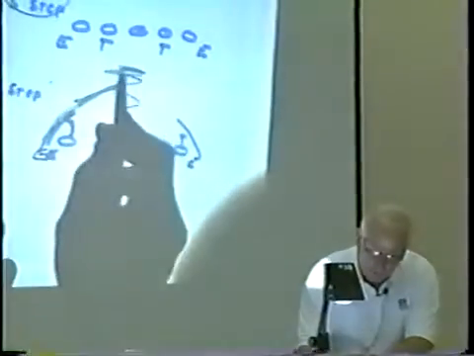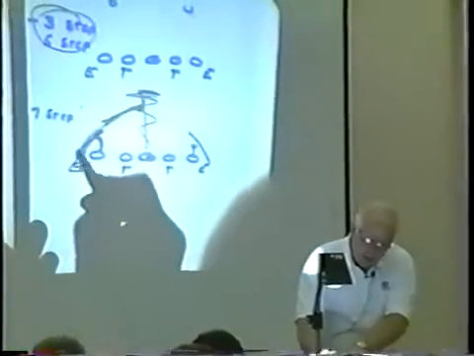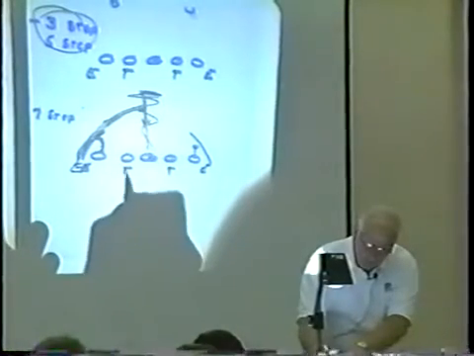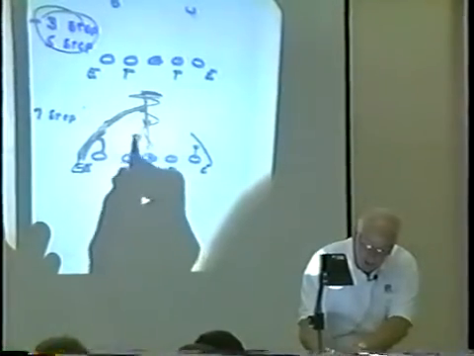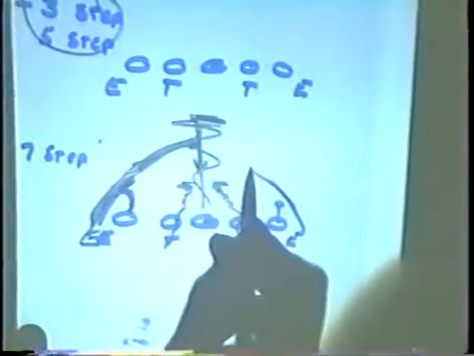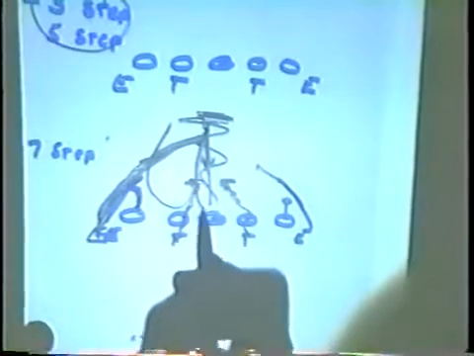Now, during the time when we had a lot of this 7-step drop and that guy was operating back there, we would say that the job of the outside rushers is to force the quarterback up. The job of the inside rushers is to force the quarterback back. And so as a result, the rush lanes kind of looked like the tines of a fork.